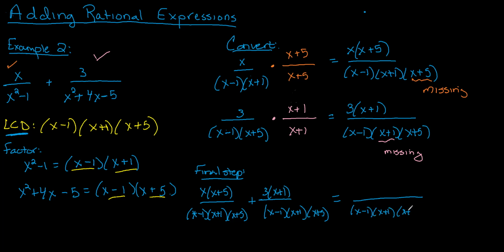Up in the numerator, I needed to multiply x times x and x times 5, so we've got x squared plus 5x. In the second fraction, I've got 3 times x and 3 times 1.